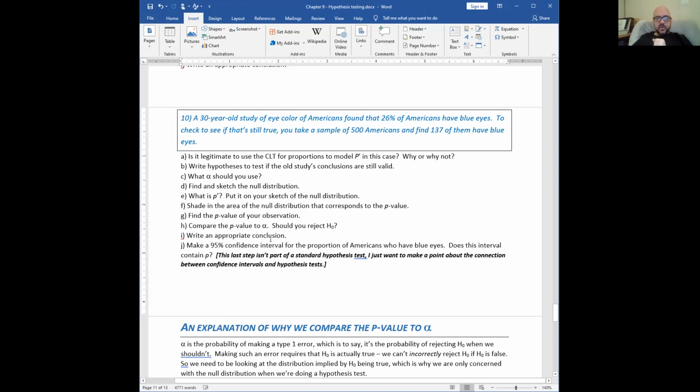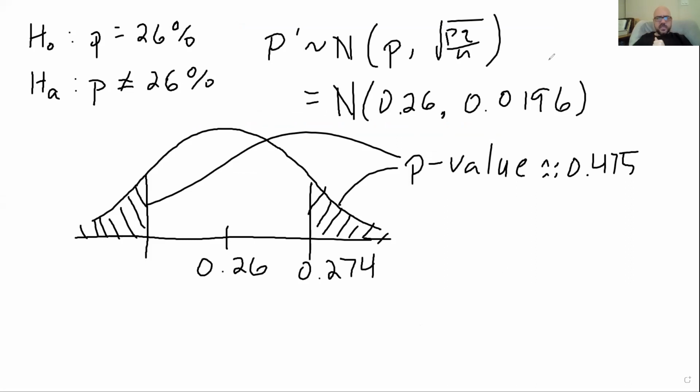So write an appropriate conclusion. Okay, there is not enough evidence to suggest that the proportion of Americans with blue eyes is different from 26%. That's a lot of words. Let's make a new one here.